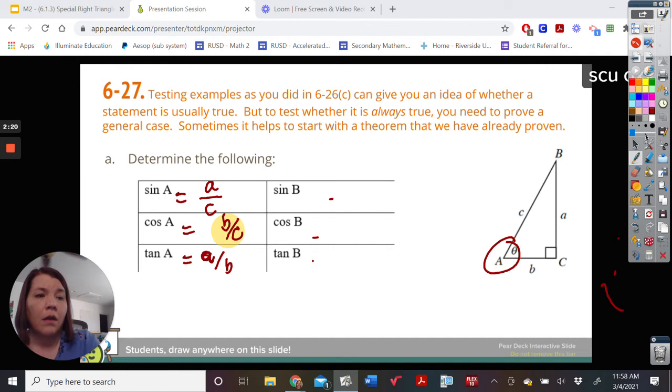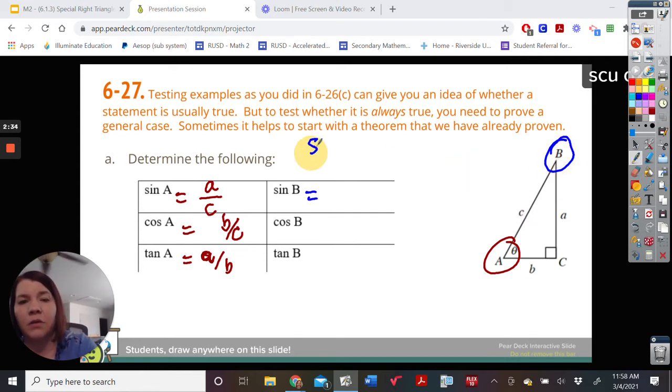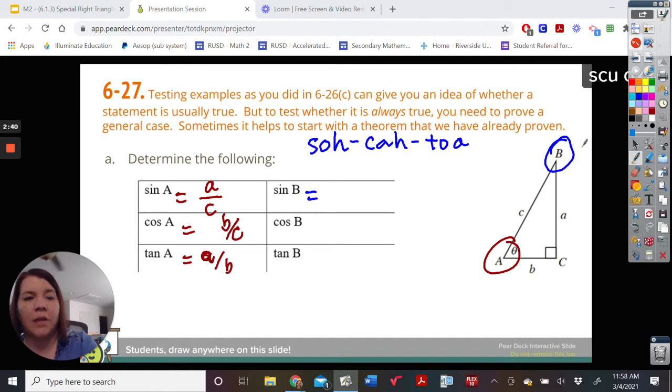And then sine of B. We'll do those in blue. Now I'm talking about this other angle, opposite. Oh, I should have done that, SOHCAHTOA, sorry. Starting over.